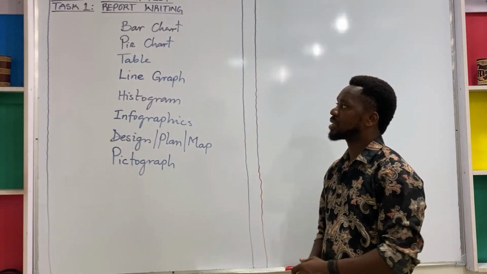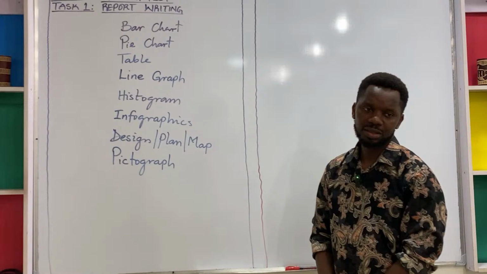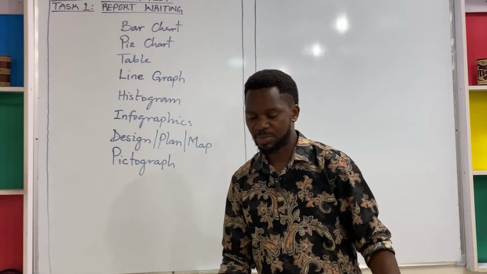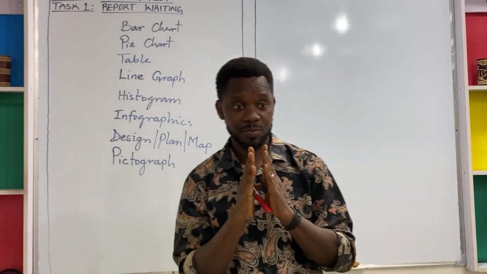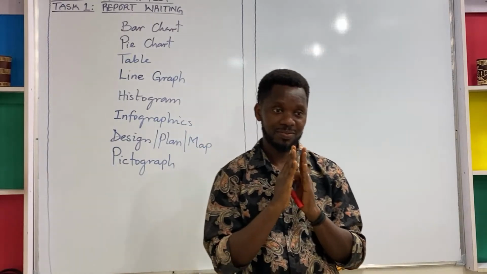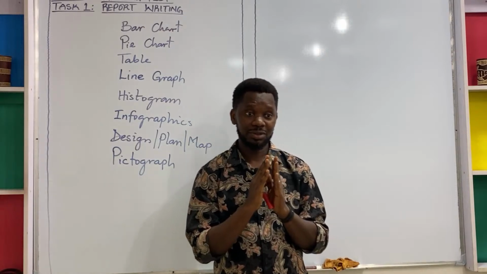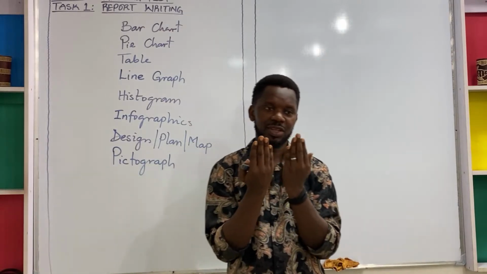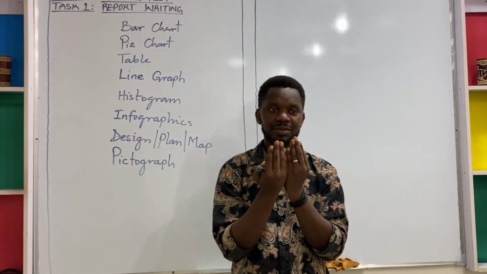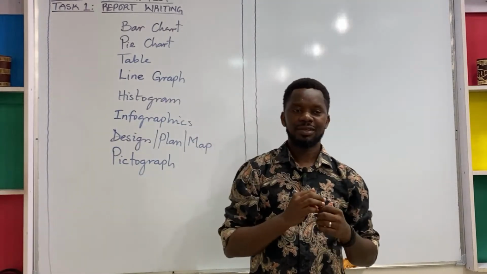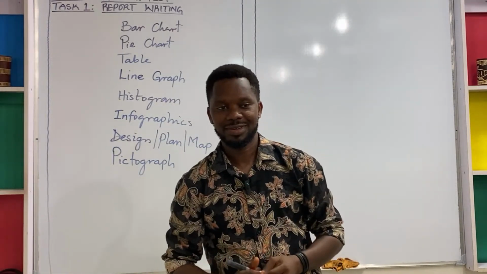So let's look at bar charts. You know what a bar chart is? What makes a bar chart? When the bars are on their own, they lean on each other. Okay, you're very sure.